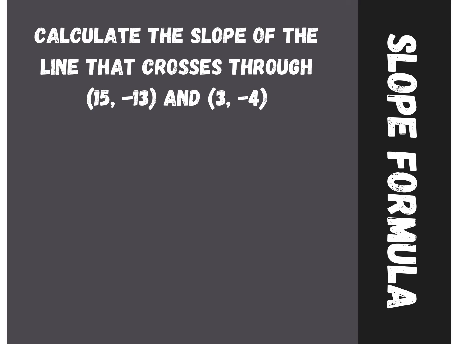Here's another example. Again, I've got 2 points, so I'm going to call them x1 and y1, x2 and y2. And remember that the equation says I take y2 and I subtract y1, and I take x2 and subtract x1, and when I put it all together, I get the slope. So in this case, my y2 is -4, and I'm going to subtract -13.